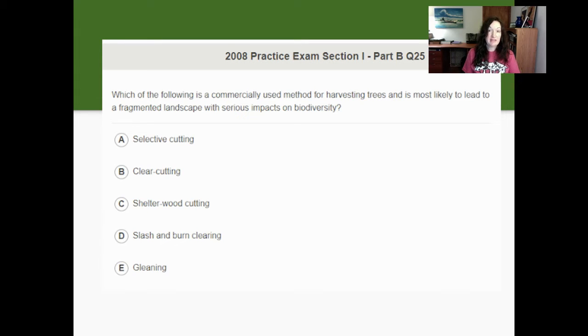So again, it is something that is commercially used for timber harvesting. And we know that it can fragment a landscape, which causes species to be separated from one another, along with all of the other nutrient and pest implications that it has. So clear cutting was the answer for that one.